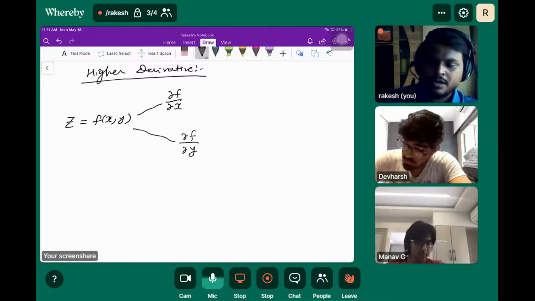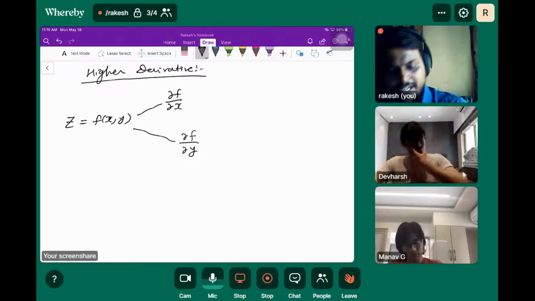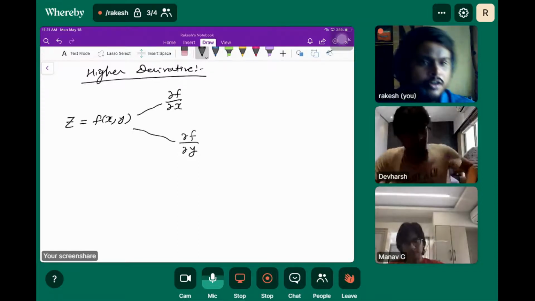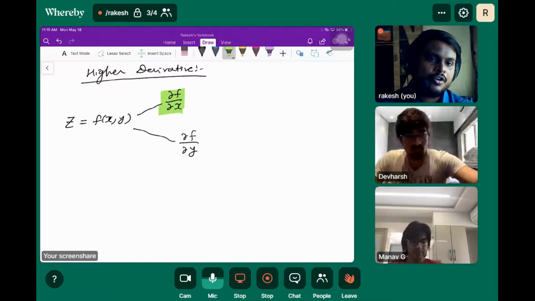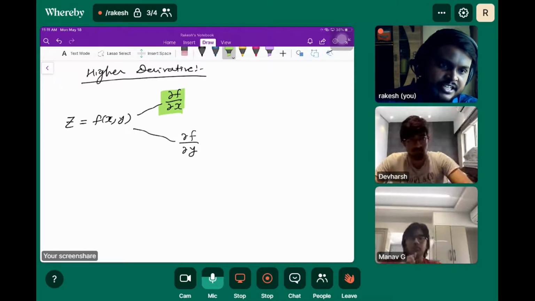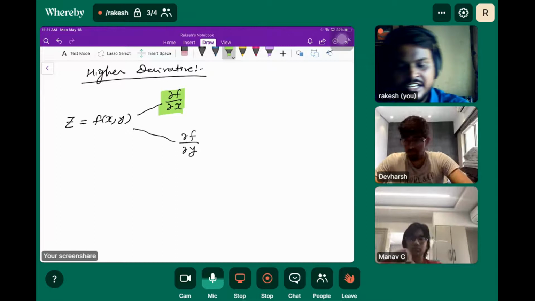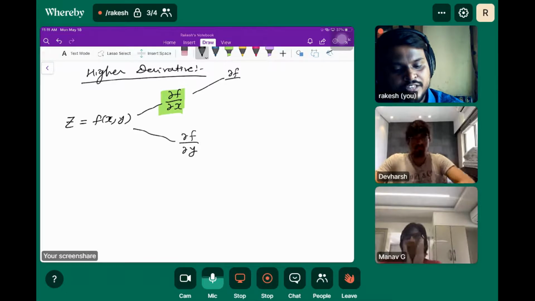Now we can go ahead and find the derivative again, either with respect to x or with respect to y. See, this term also contains x or y. It may contain both x and y. You understand? So we can differentiate that again with respect to x or with respect to y.